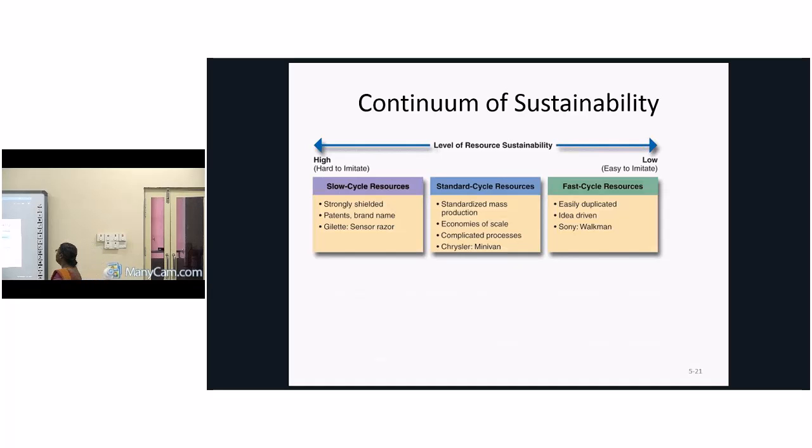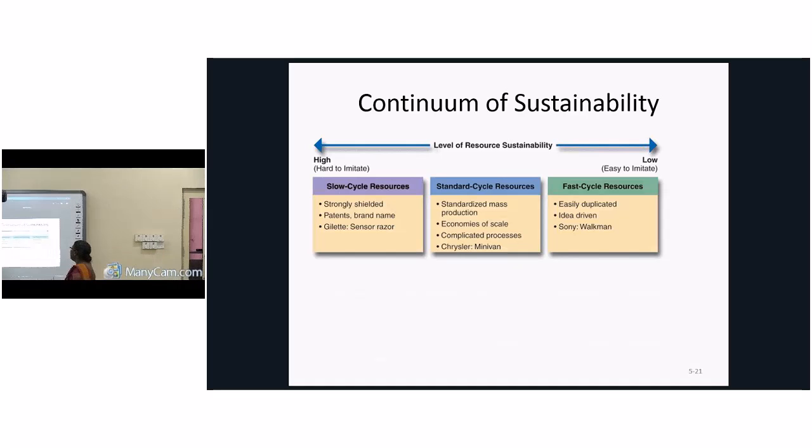Examples of slow cycle resources are strongly shielded patents and brand names. They change very slowly; brand names and patents do not change over time.